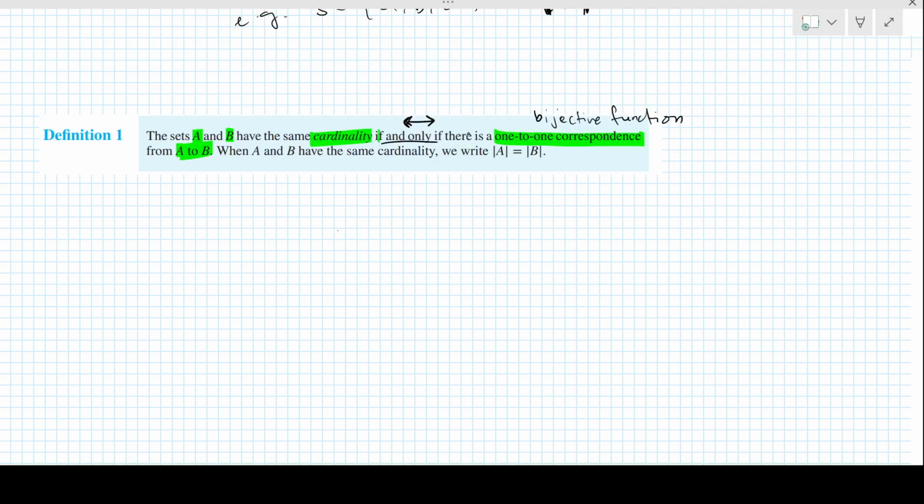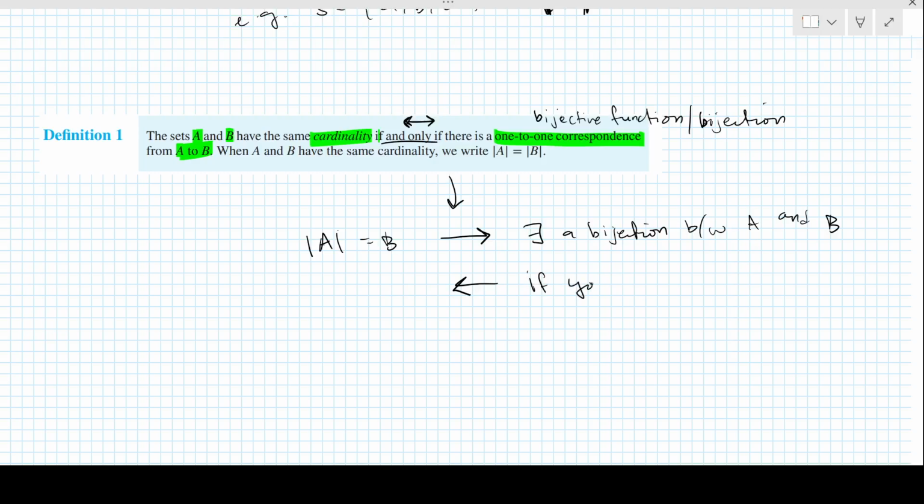So again, what does it say? If the cardinality of A is equal to the cardinality of B, then that implies that there exists a bijection, or a bijective function, between A and B. And we also have the other implication: if you can find a bijection between A and B, then they must have the same number of elements.